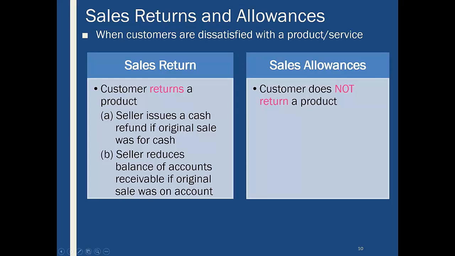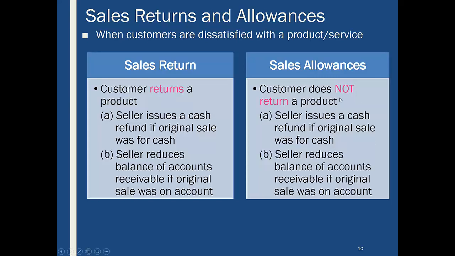So that's how that works, okay? If the customer doesn't return the product, the seller issues a cash refund if it was for cash, and the seller reduces the balance in accounts receivable. So there's really no difference in the two of these. The only difference between a sales return and a sales allowance is that the customer returns their product.